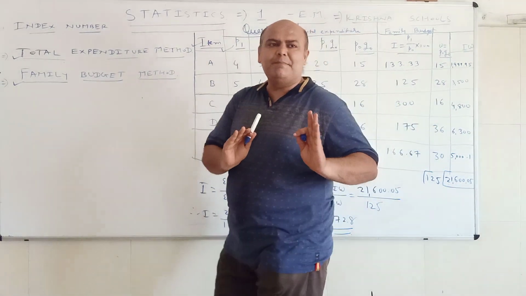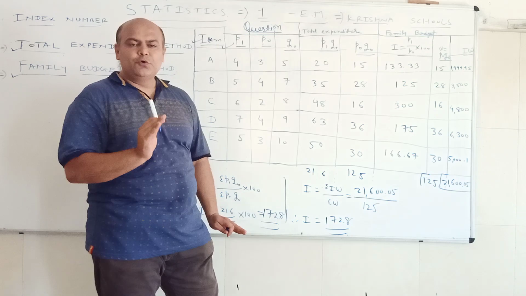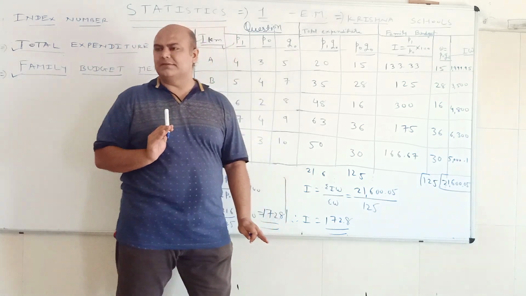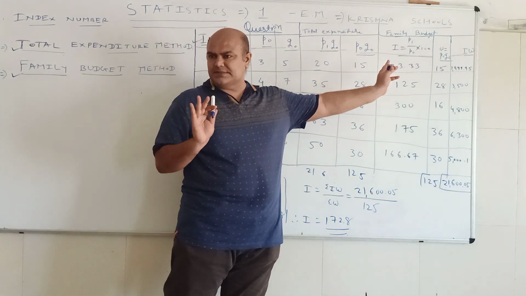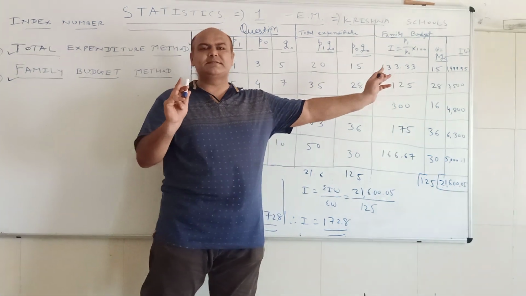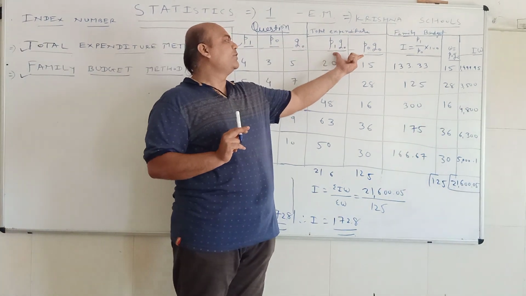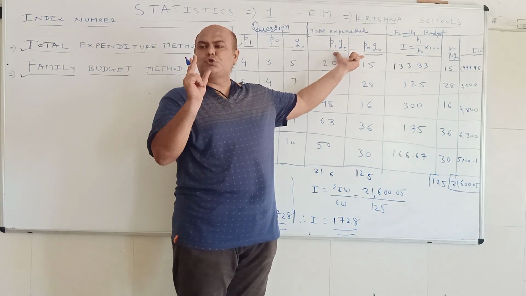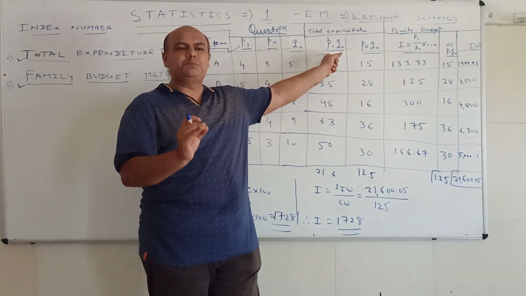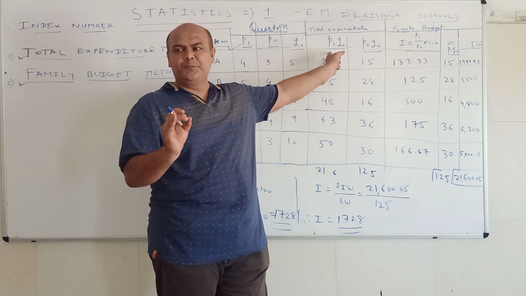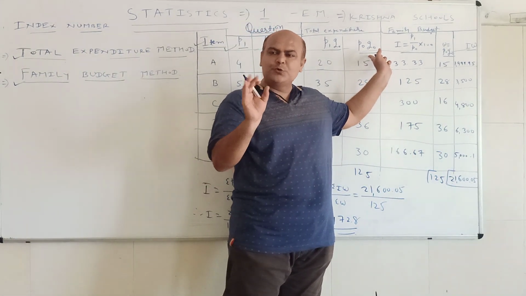Now I clearly make the analysis of both the methods. For total expenditure method, we have to prepare additional 2 columns. The first column is P1 Q0 and the second column is P0 Q0.